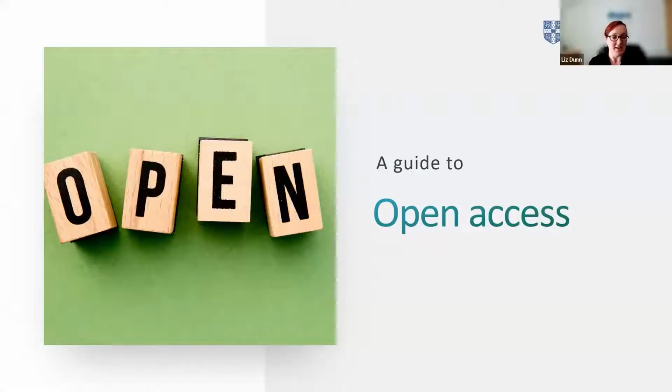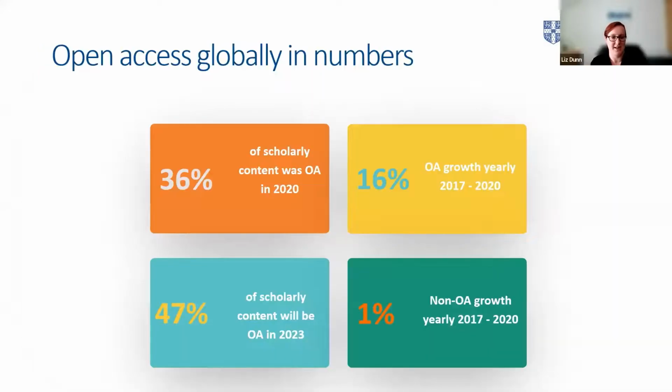Okay, so I'm going to move on to an overview of open access now. Open access publishing is becoming increasingly important in academic research dissemination. In 2020, 36% of articles were published open access, and that is a 16% yearly growth since 2017.